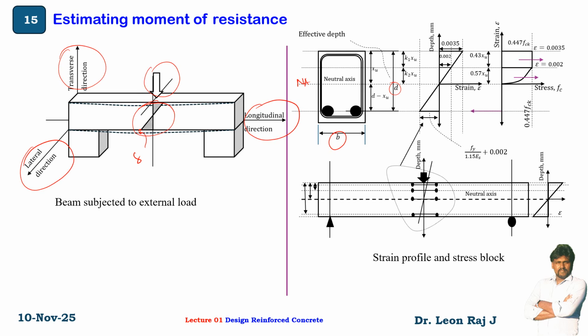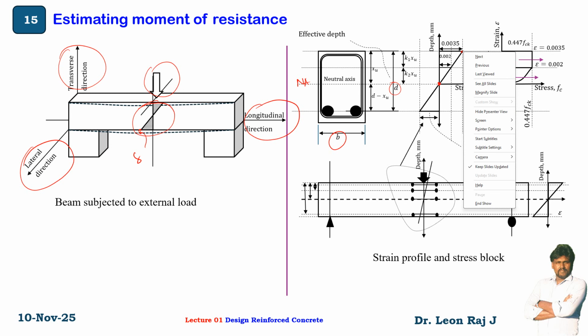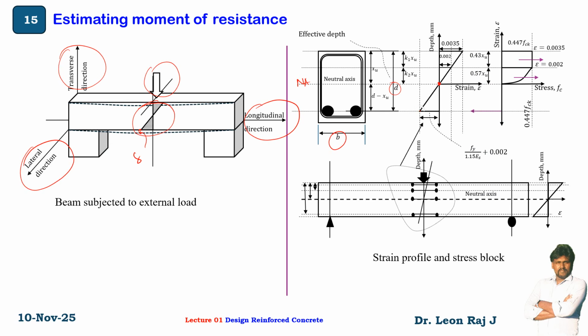Here you can see there is no bending strain, neither compressive nor tensile. The strain at the neutral axis is 0, the strain at the top compression fiber is maximum, and the tensile strain at the tension reinforcement is maximum.